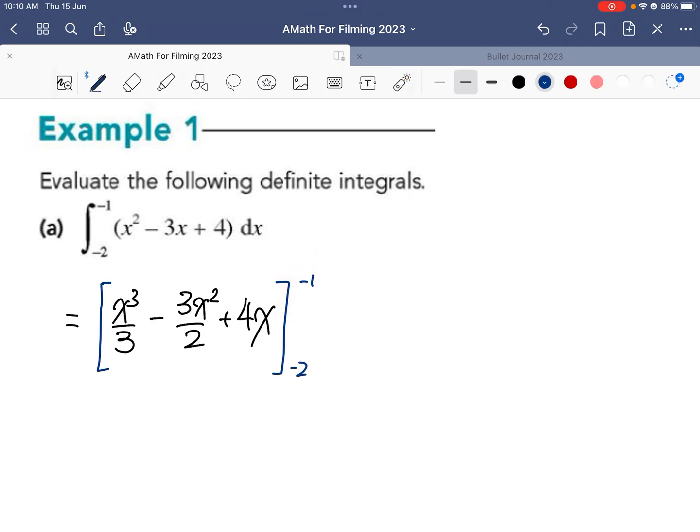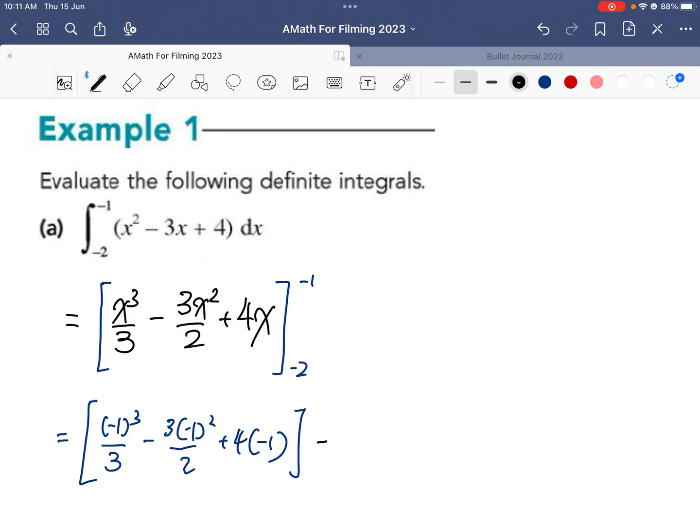Now what we'll do here is this. How do I use these values? See here. First I use the -1. So I substitute the -1 into all the x values. So I get -1 cubed over 3 minus 3 times -1 squared over 2 plus 4 times -1. Then I close it up with a bracket. Then I always minus the substitution of the lower limit itself.